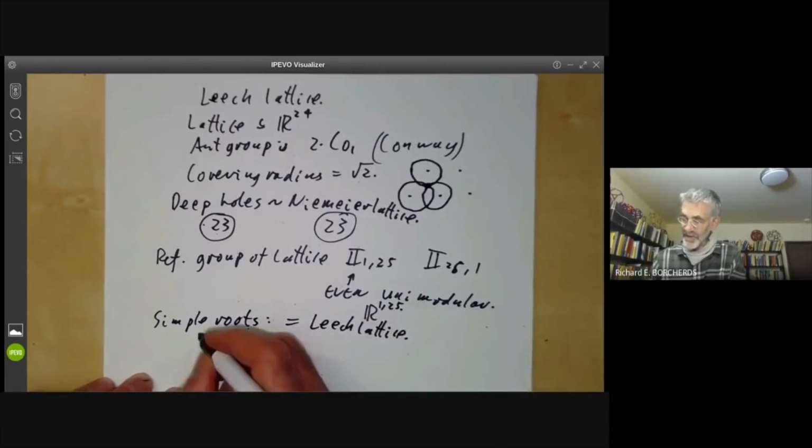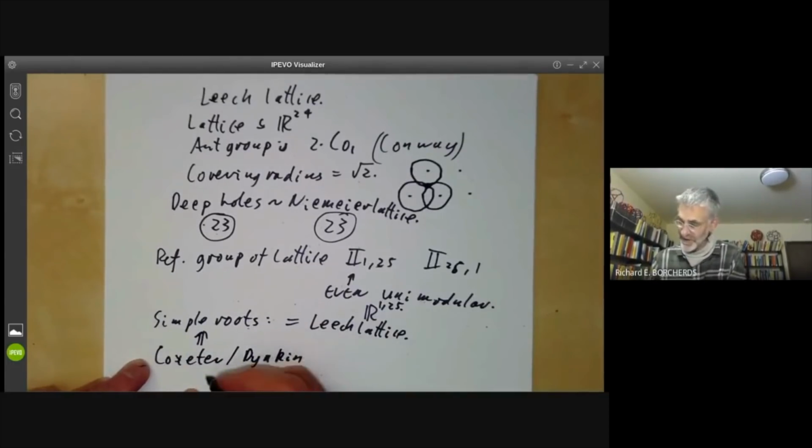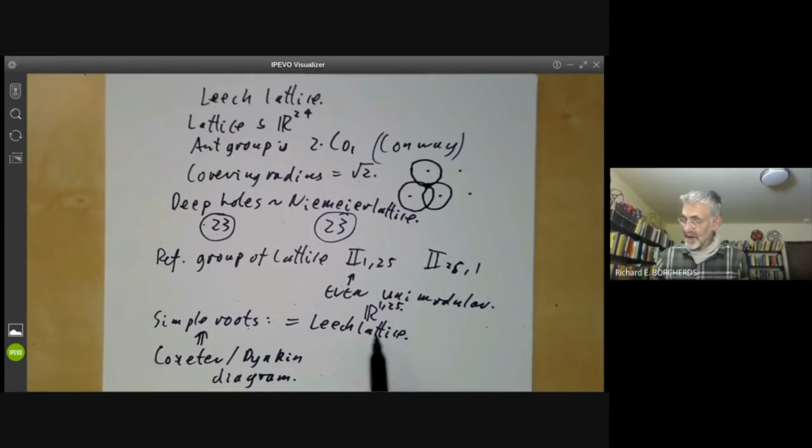The simple roots of a reflection group are sometimes called the Coxeter diagram, or sometimes the Dynkin diagram, depending on whether you're a geometer or a Lie algebra theorist. So we have this weird result that the Coxeter diagram, or the Dynkin diagram, of this lattice is the Leech lattice. Well, what on earth does that mean?